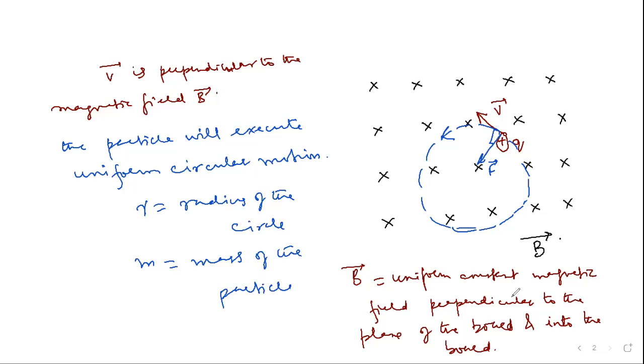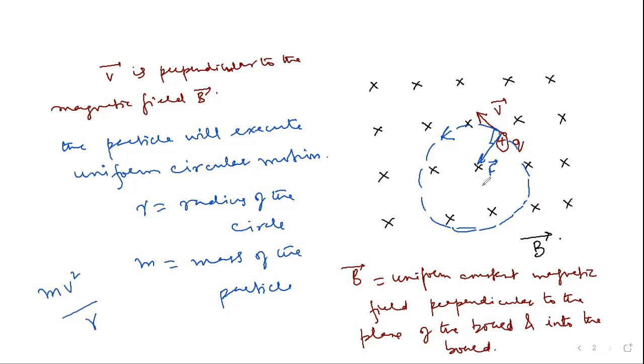Then we know in uniform circular motion, a body needs centripetal force, and the magnitude of centripetal force is mv square by r. Direction of this force is towards the center at every point of the circle, right?